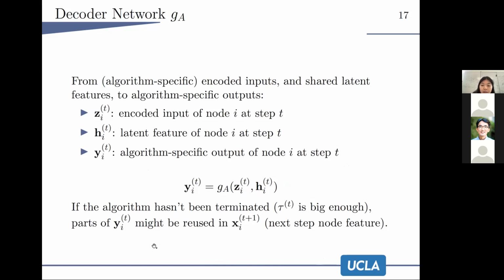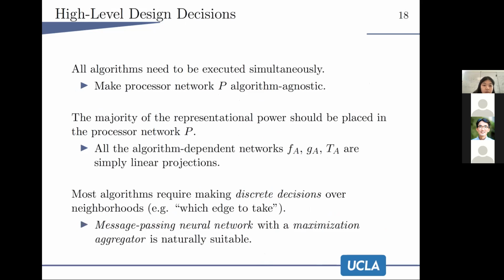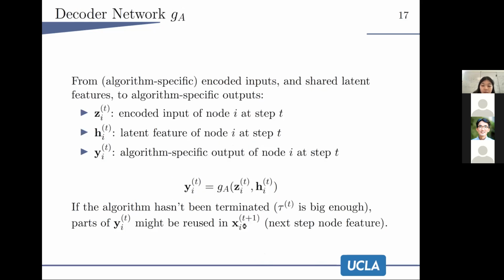And in many cases, what we learn from this step could be at least partly reused in x_i^(t+1), which is the next step node feature. Oh, and by the way, that is also the reason why I say that they are not independent inputs.